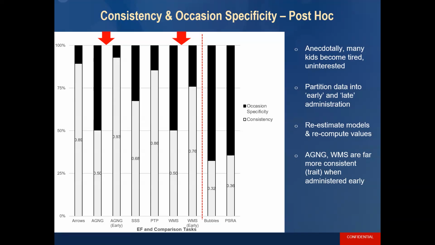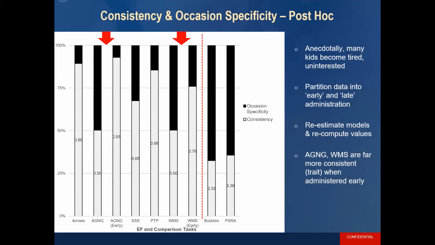When animal go, no-go tends to be at the end of the task, there's a lot more situational influence, which we think anecdotally is kids are just tuned out, right? They're playing along because the assessor's trying to get them to complete the task, but they've communicated one way or the other, I want to tap out here.